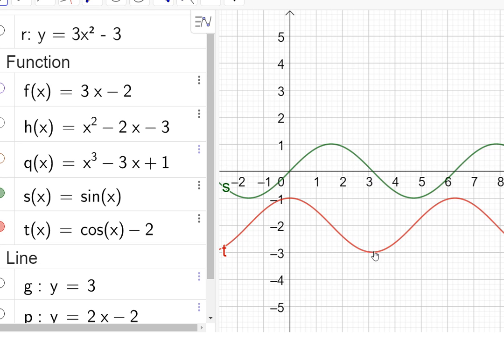So the min or max point of our derivative function would be in line with the point of inflection of our original function. Then if we go around to one of the minimums of our sine function, we end up at the root of our cosine function. So again, this is a visual argument for why the derivative of sine is cosine.